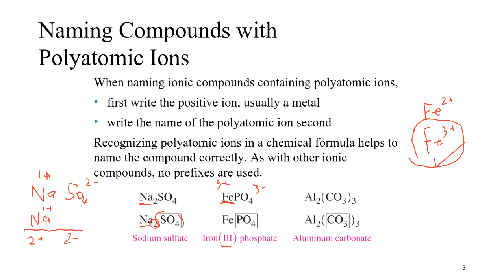Let's have another example. This is aluminum, and aluminum is in group 3A. It's a metal, so when it makes ions, it will lose electrons. So it will be the cation, aluminum 3 plus. While the carbonate, as a polyatomic ion, has 2 minus. So let's see how to balance the charges.